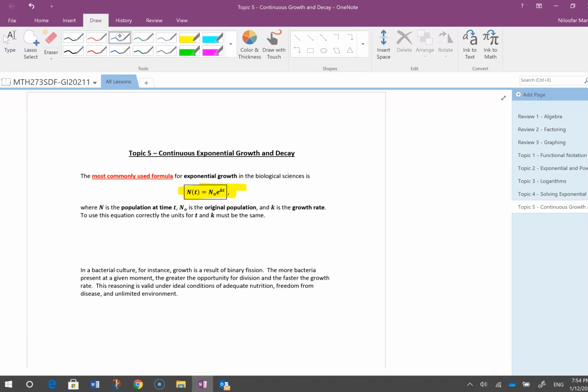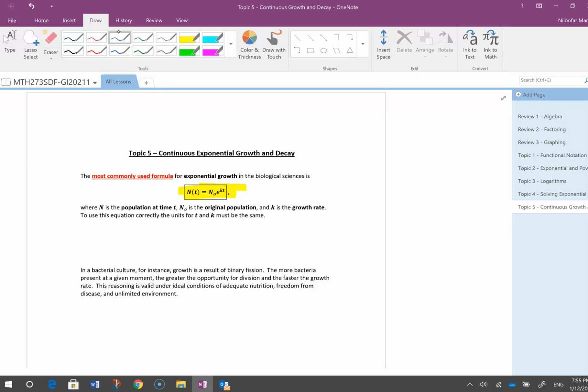N0 is the original population. For example, here we are talking about a population of bacteria, and I want to know how many we have after time t. So N(t) is a function of t.